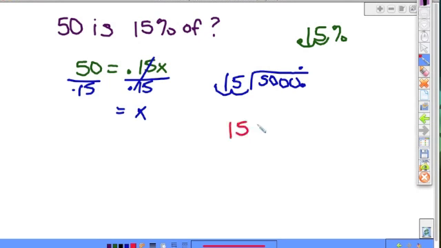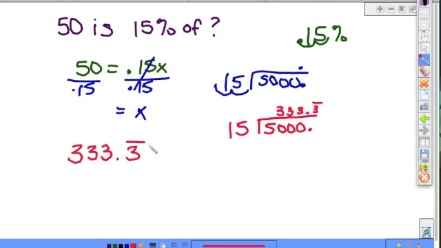We have 15 going into 5,000. When I divide that out, I get 3, 3, 3, 3, and it goes on forever. So my final answer is 333.3 repeating. And that's my answer.